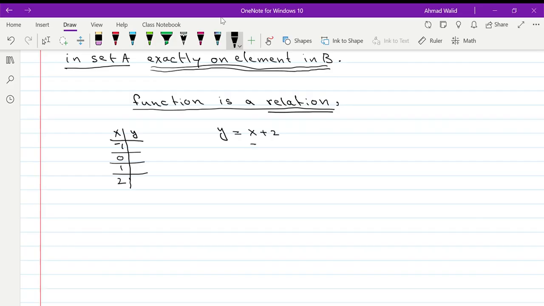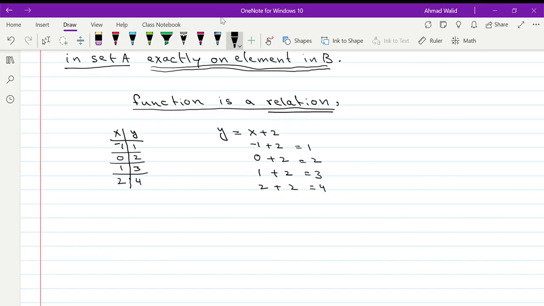For example, when x is -1, -1 plus 2 gives me 1, correct? When x is 0, 0 plus 2 gives me 2. When x is 1, 1 plus 2 gives me 3. Then y becomes 3. And when x is 2, y becomes 4.